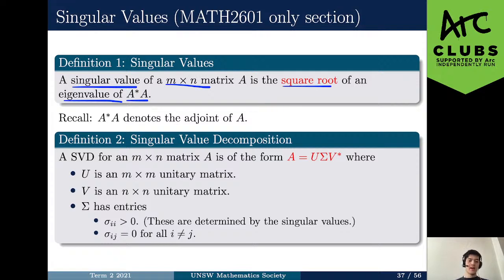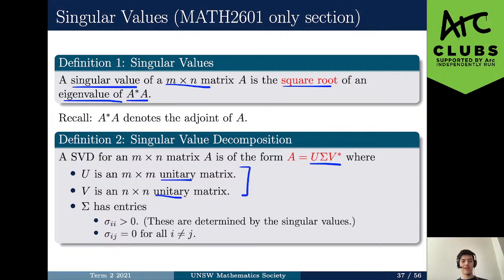And so it turns out that I can write my matrix in this form. For any m by n matrix, I can write it as U sigma V star. What makes this form very special is that U and V are unitary matrices. Remember, unitary just means that the adjoint is equal to the inverse.